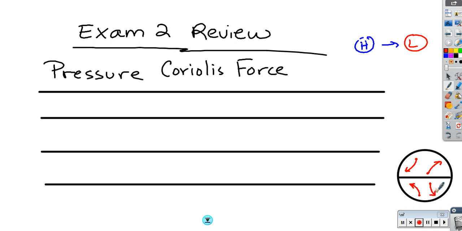Now you can notice that whether you're going from the North Pole to the equator or the South Pole to the equator, the arrow direction is from east to west, basically, out of the northeast or southeast.